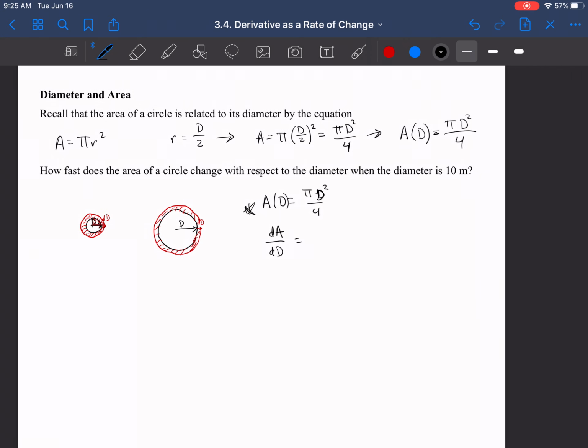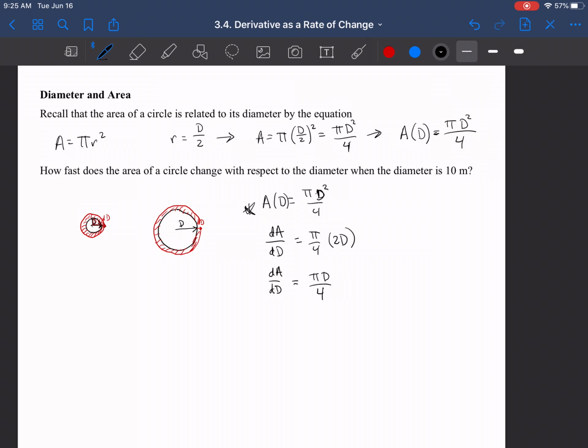So as we do this, we can take the derivative of this first function here, put a little star by it, and we take the derivative with respect to d. The pi over 4 is just constant, so we leave it out front. And we take the derivative of d squared, which is just 2d, using our power rule. And therefore, dA/dd is just pi d over 4.